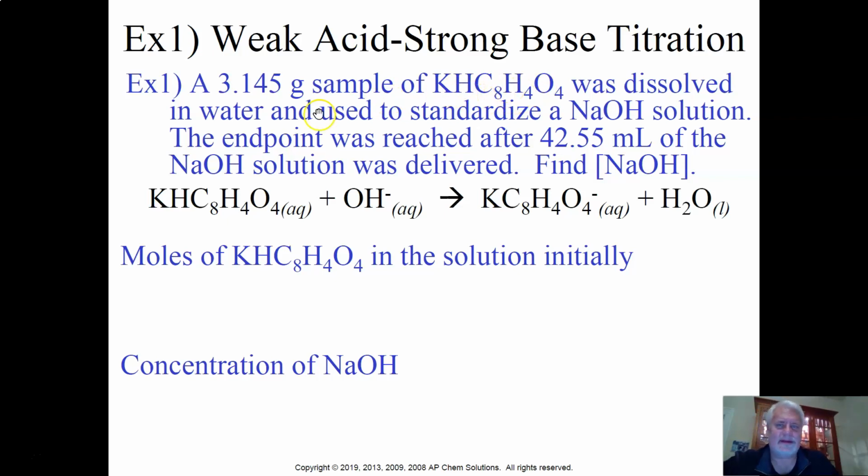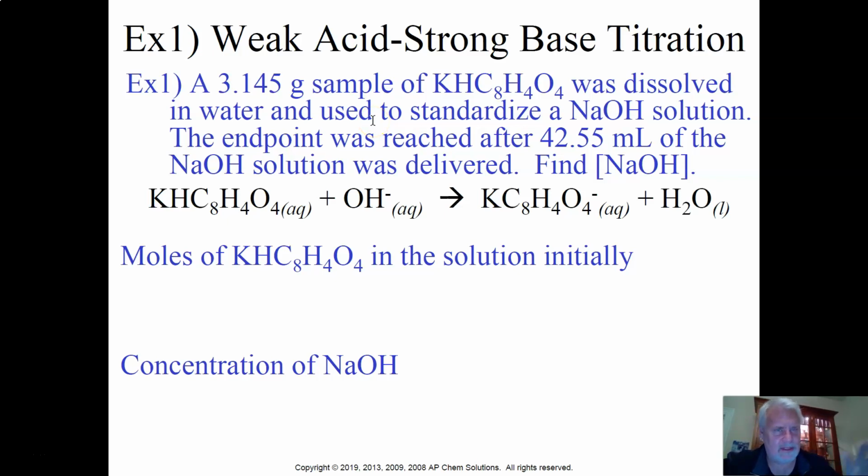I haven't done that since college. I don't think we've used that one, but it's fairly common, and it's nice to use because you can weigh out a gram amount of it, and since it's a gram amount, it makes it very accurate. We'd be able to go one place even farther than that to standardize NaOH.